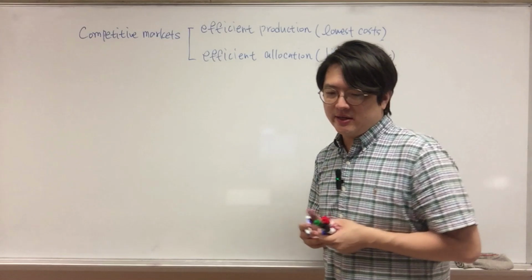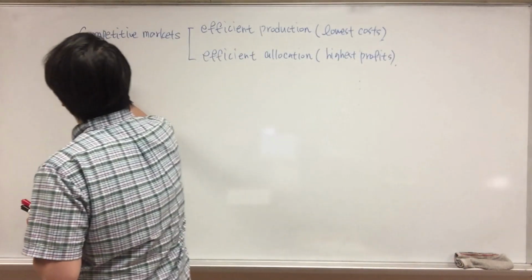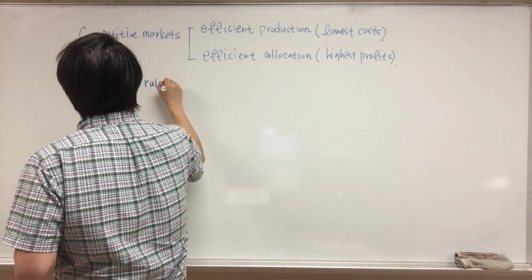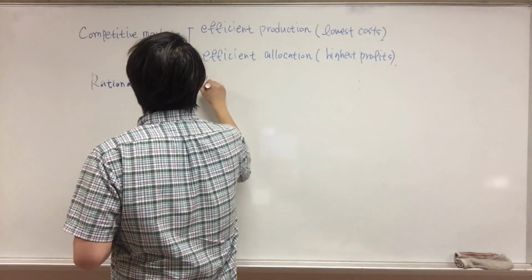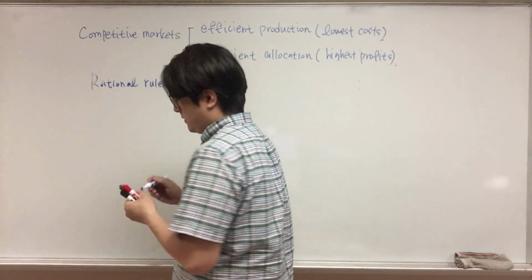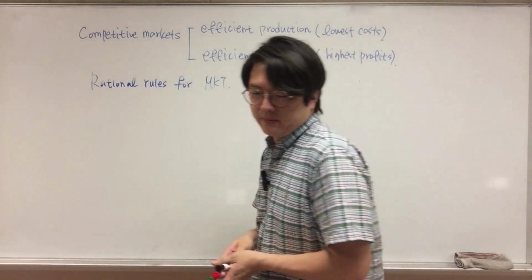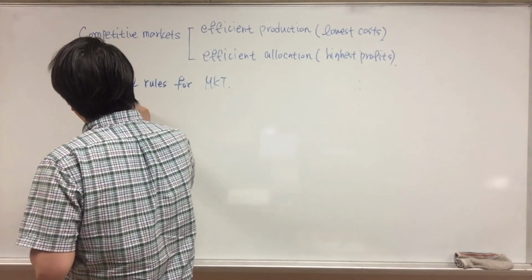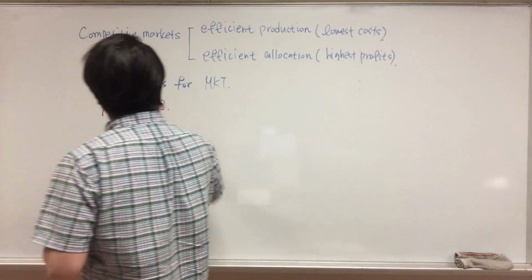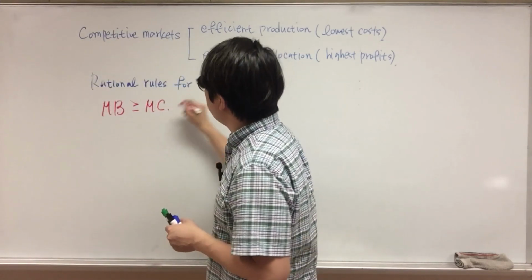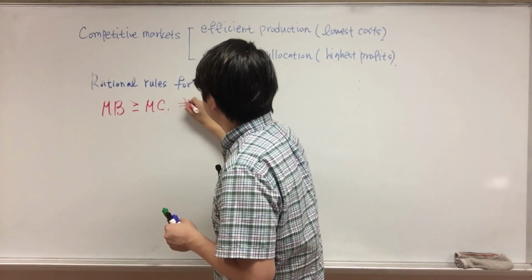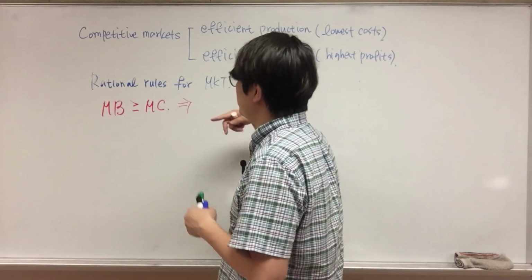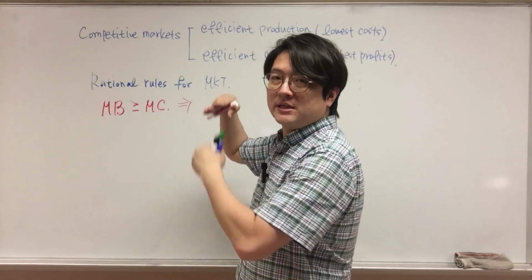So what was the rational rule for the market? Marginal benefits equal to or greater than marginal cost. So if there are marginal benefits, many companies would like to enter the market, and marginal benefits will decrease and decrease.